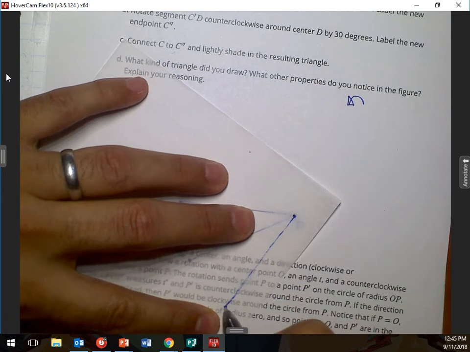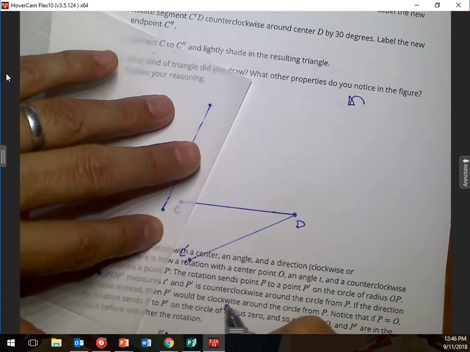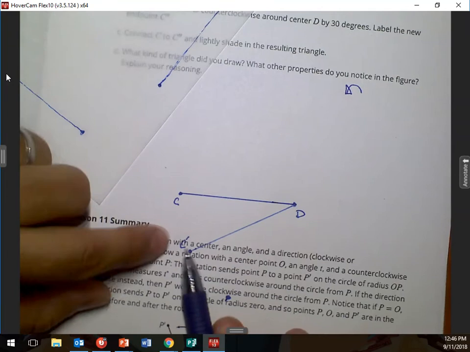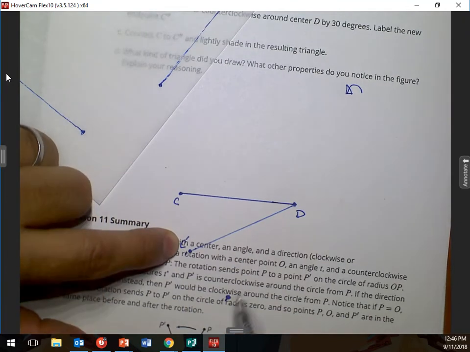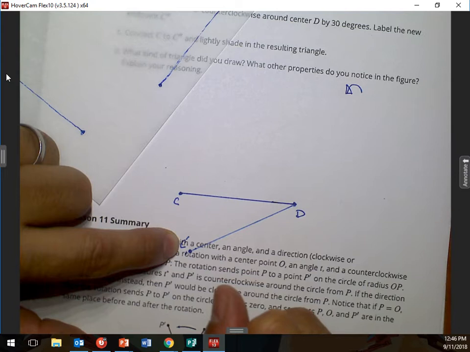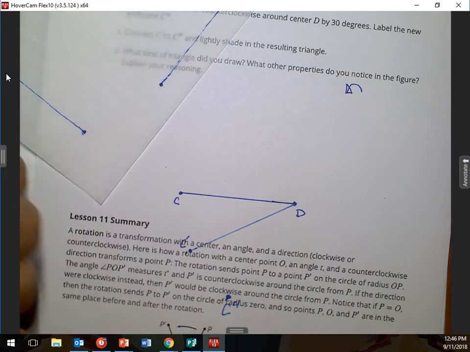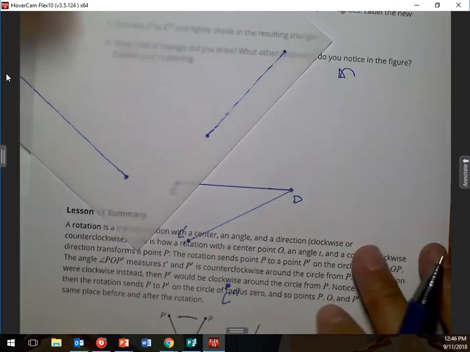Since I moved it from C prime to here, that's going to make this one C double prime.